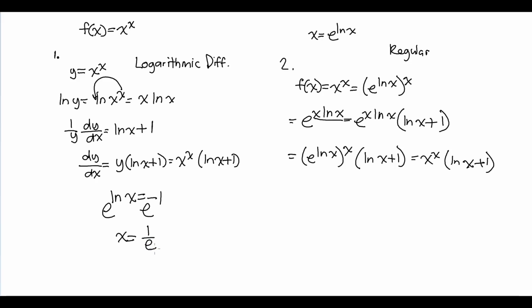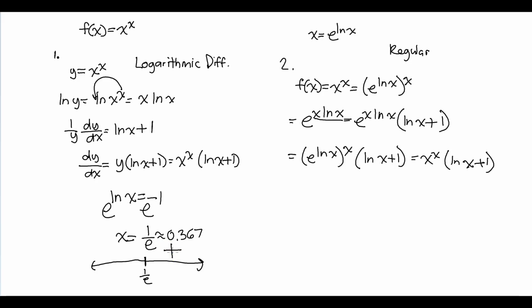And you can check that this is indeed a minimum. 1 over e is about 0.367. If we do x equals 1, ln of 1 is 0 plus 1 is 1.